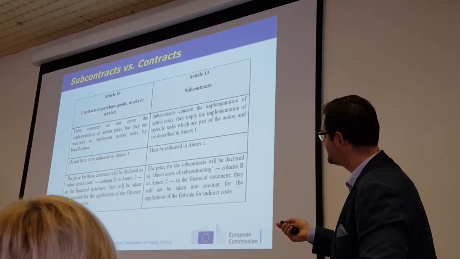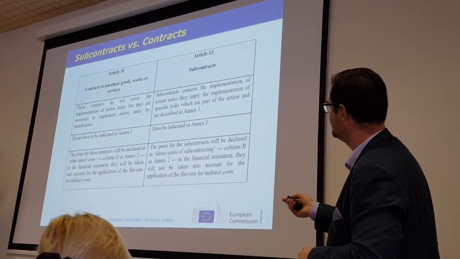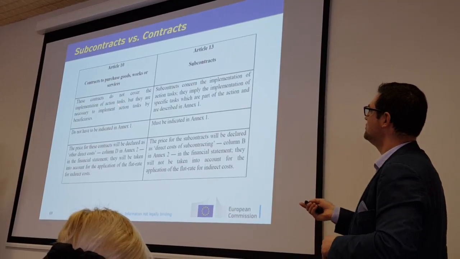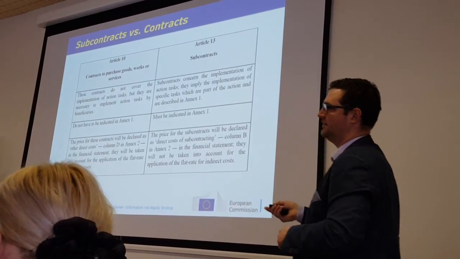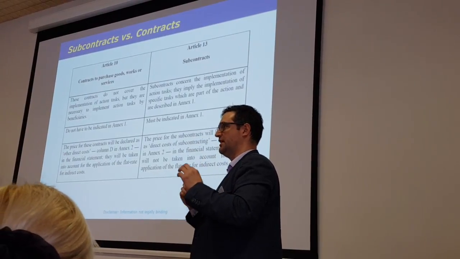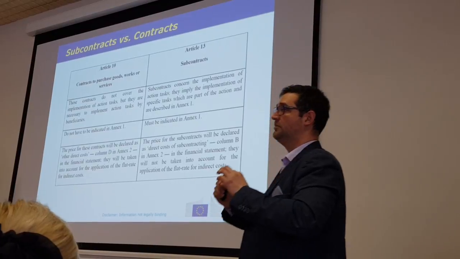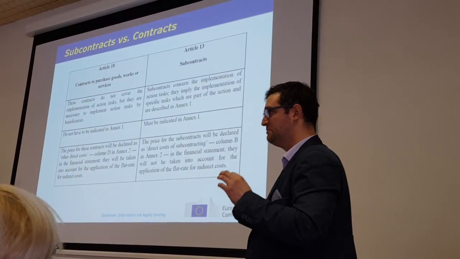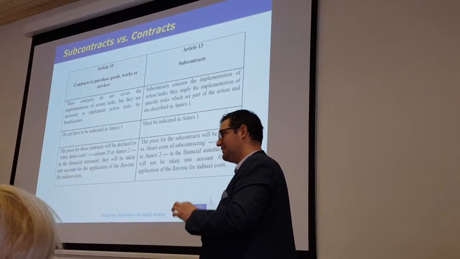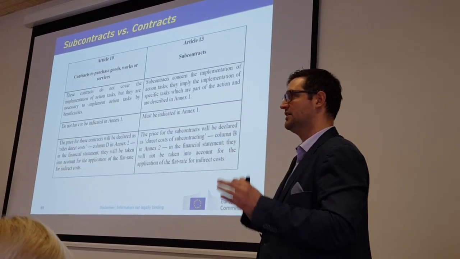But the main difference is here, the first two boxes, first line. Contracts are not covering or implementing project tasks. When we talk about subcontract, you are implementing project tasks, or also part of a task.